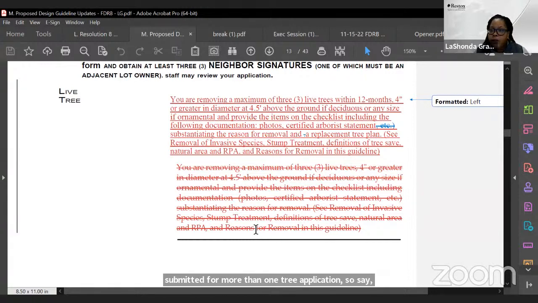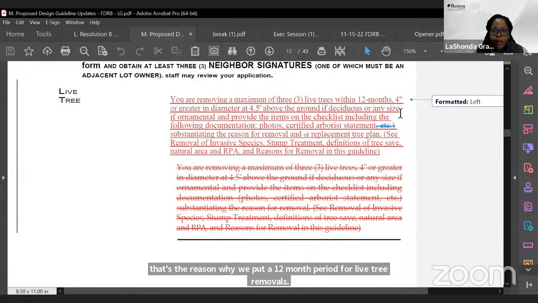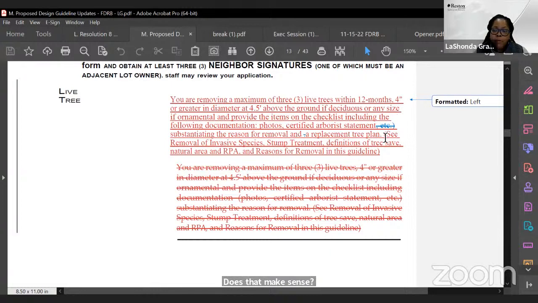So that's the reason why we put a 12-month period for live tree removals. Does that make sense? To eliminate multiple applications. And that is both for cluster standards and single family homes for tree removals.